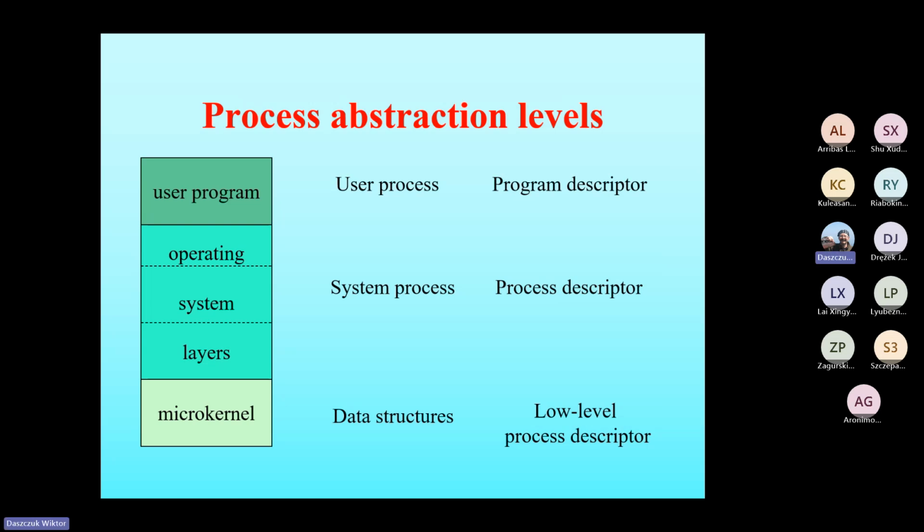And when the process acts here, it is a user process. When it crosses the barrier between user programs and operating system, it becomes system process and has a process descriptor in the system.